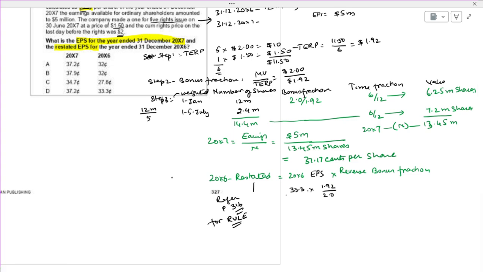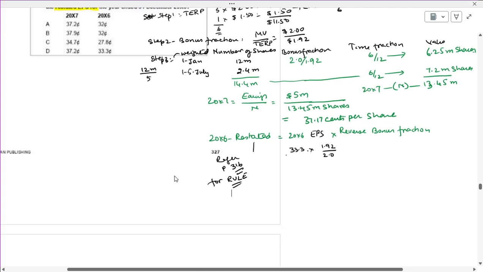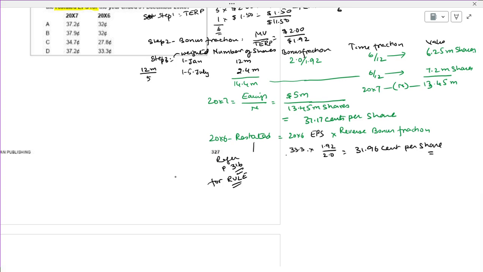How much will we get? 33.3 times 1.92 divided by 2 comes to 31.96 cents. Yeah, 31.96, 31 or 32 cents.